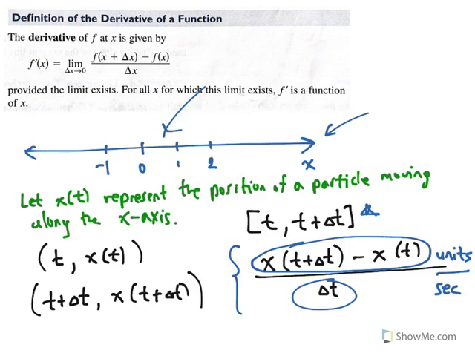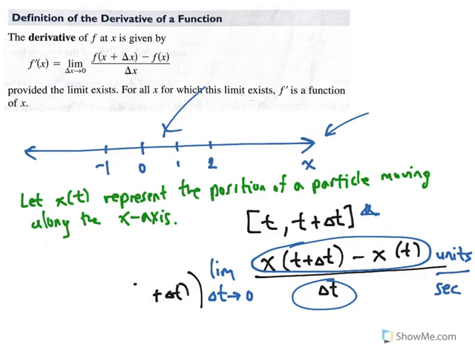Now we, in Calculus AB, defined the limit of this difference quotient as delta t approaches 0 to give us the instantaneous velocity of the object at a particular instant in time t. And this was our velocity function by definition.